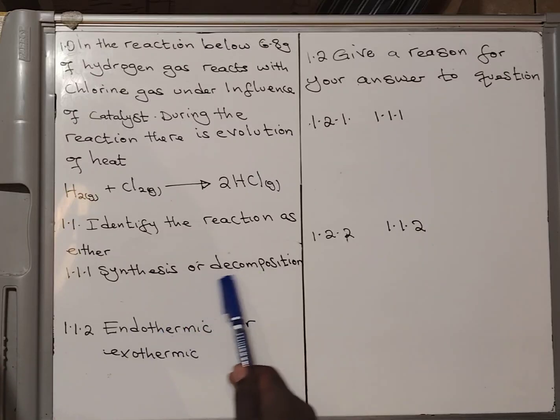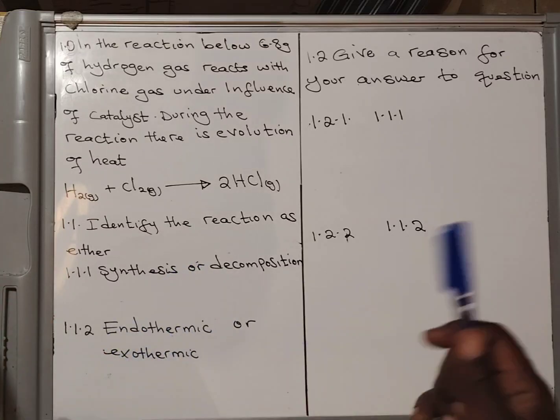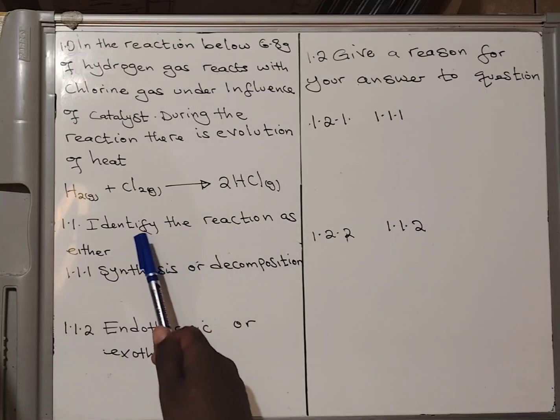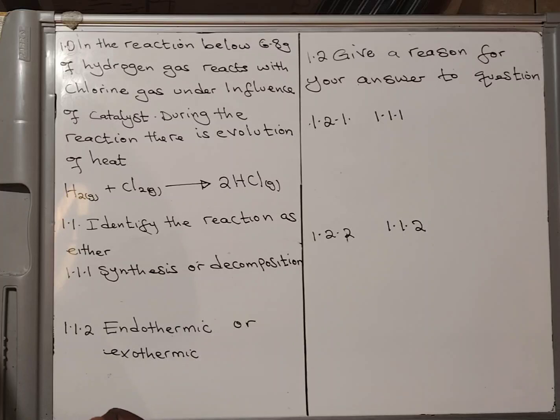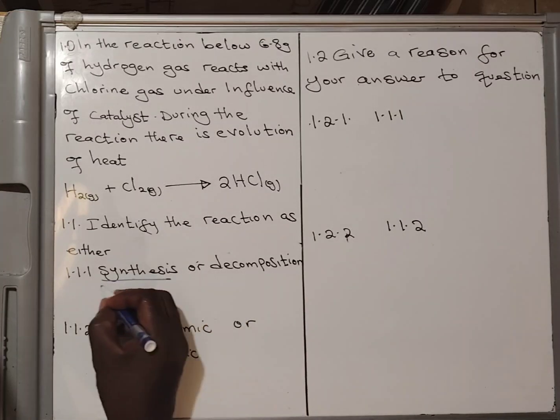How do I identify a decomposition? A decomposition is when we have a compound and the compound splits up into two or more components. So for this one, because we are having two reacting to form one, the reaction qualifies to be a synthesis.